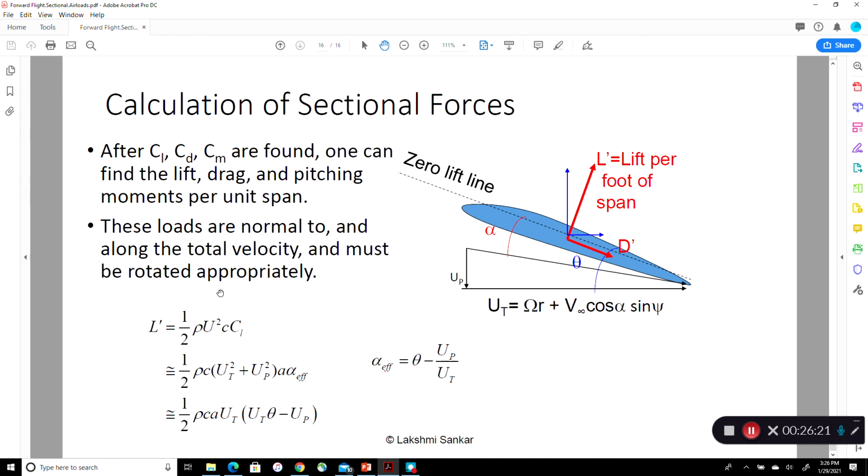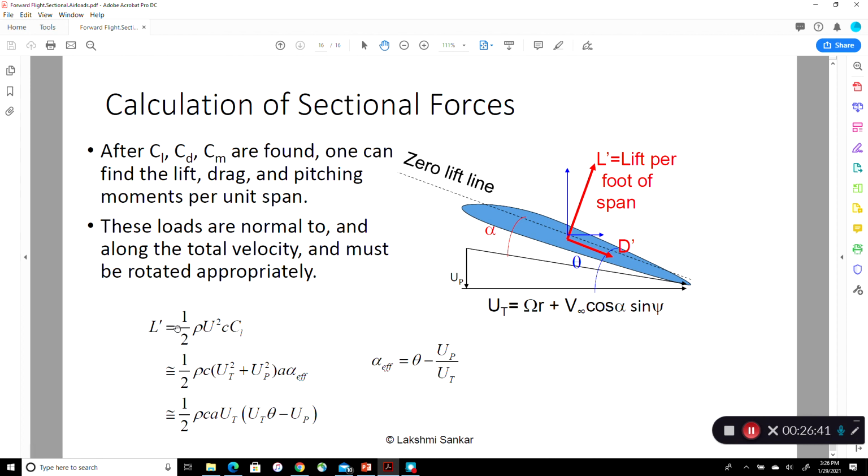Once you have found the CL, CD, and CM, you can compute the lift as 1/2 rho U squared, where U squared is UT squared plus UP squared, times chord times CL. This is the lift per foot of span.